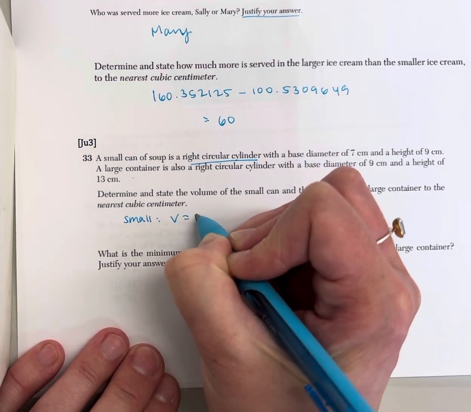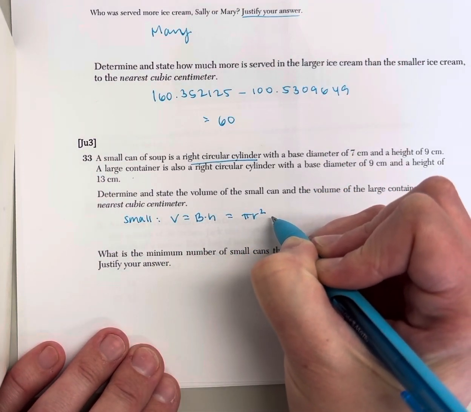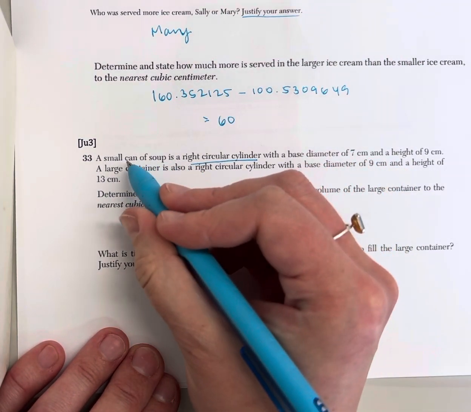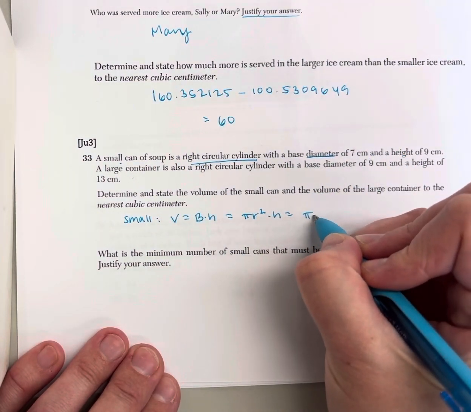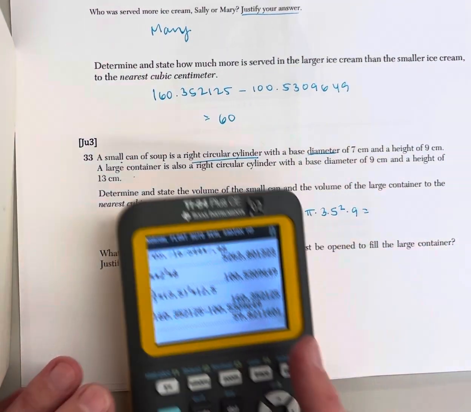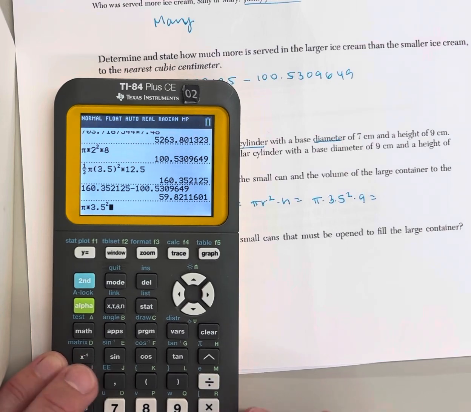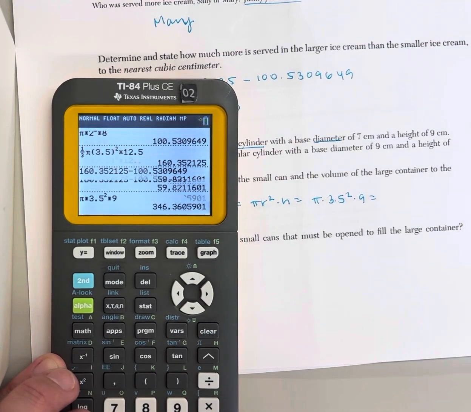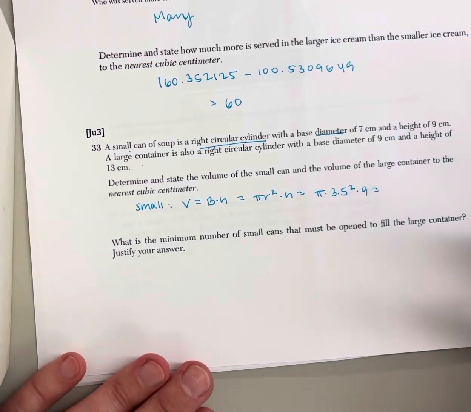So volume is capital B H. Again, these are cylinders, so pi r squared h. Small can, base diameter is 7, so that means the radius is 3.5. The height is 9. And we're rounding to the nearest cubic centimeter. So I'm getting 346.3, so I'm just going to call it 346.